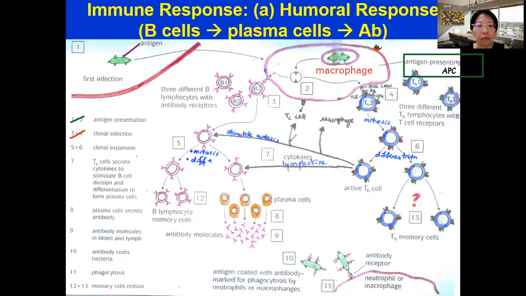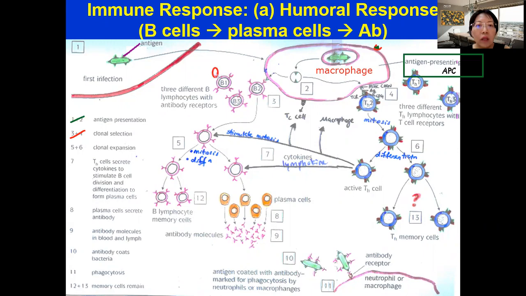So what do you mean by that? You see here, I've got B1, B2, B3 cells, right? Can you tell me what are the differences between B1, B2, and B3 cells? You can see that they are different because of this molecule on the surface of the cell.